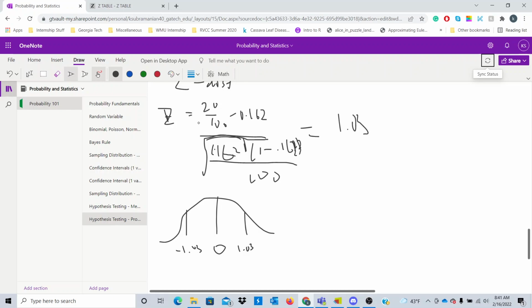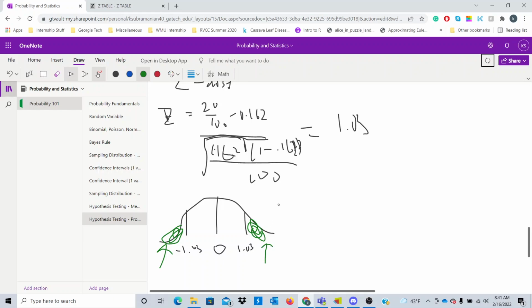So to get a sample proportion that is more extreme than this 20 out of 100 students we sampled, we want this probability, but we also can get this probability, right? Because any z-score that lies in this green region is still representing a potentially significant difference, and in this region the same story holds.